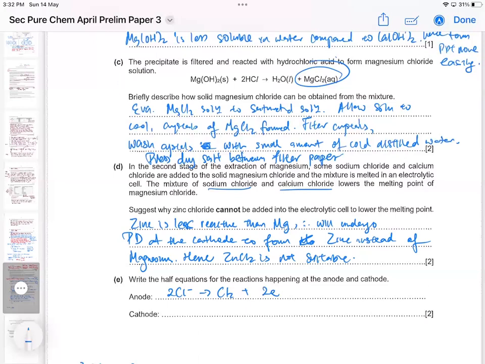Cathode side is always the metal. Okay, next.